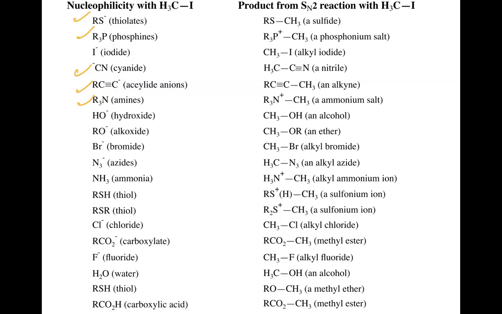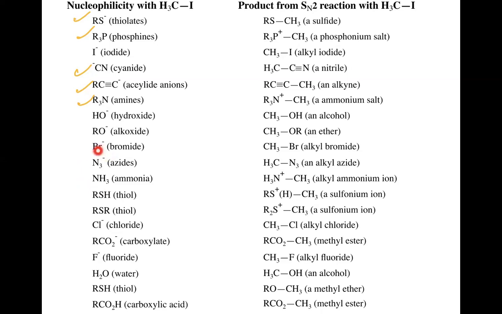Okay. Hydroxides, if they're small, and alkoxides, if the R is small, can be good. If this R gets too bulky, then this one falls off the list. Bromide, like iodide, is generally a good nucleophile, but it's also a decent leaving group, so it's not one you'll see all that often, at least in the questions you're going to run into if I write them.